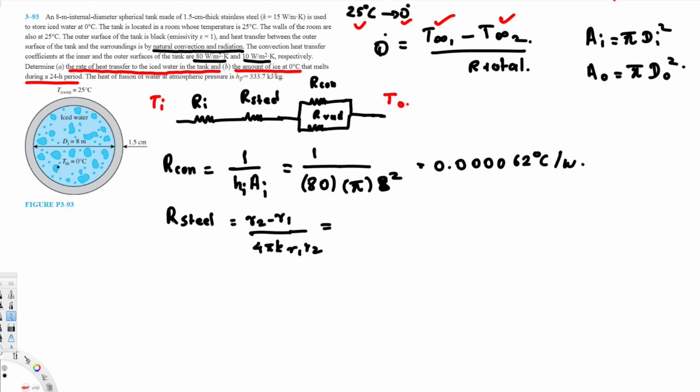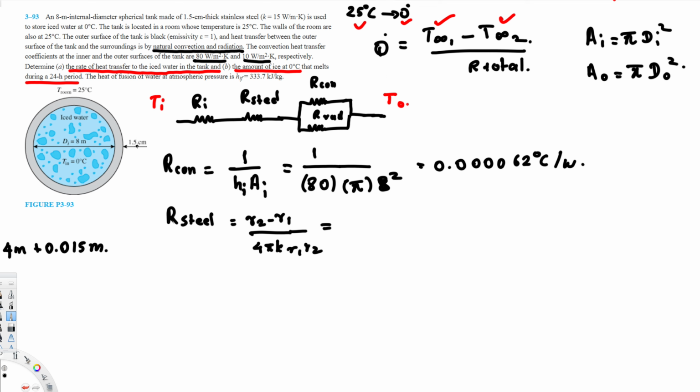R2 is going to be the outer radius of this steel. Here we have 4 meter as the inner radius, and the thickness of the stainless steel is given by 1.5 centimeter. So 4 meter plus 1.5 centimeter, which means 0.015 meter, right?